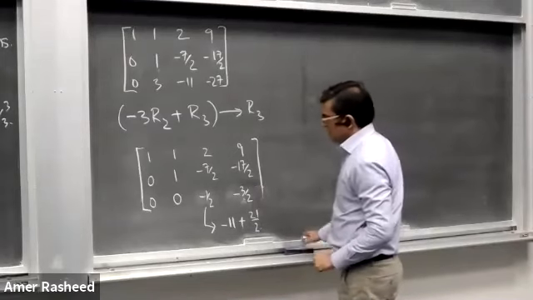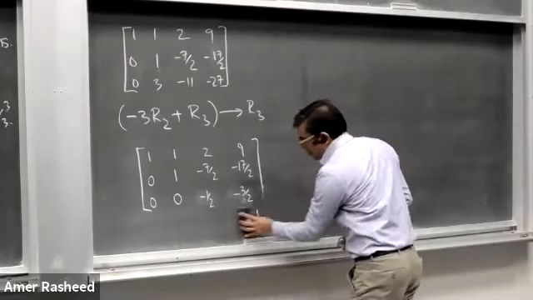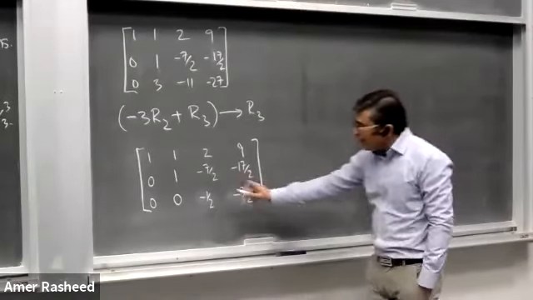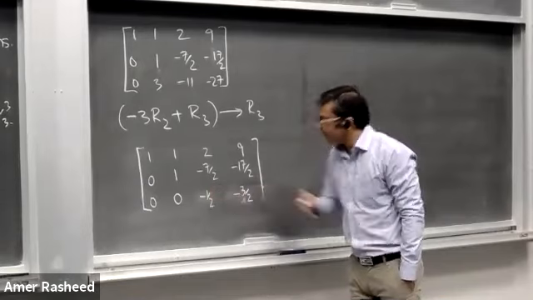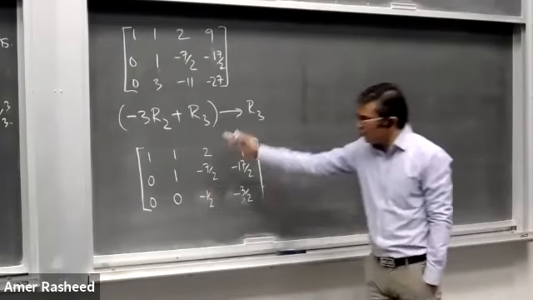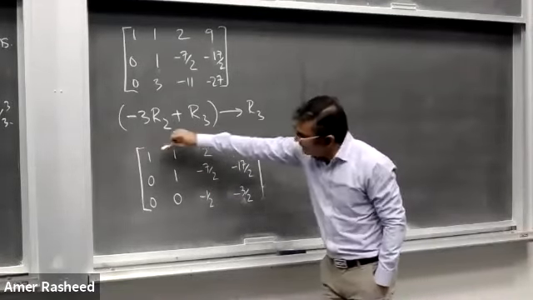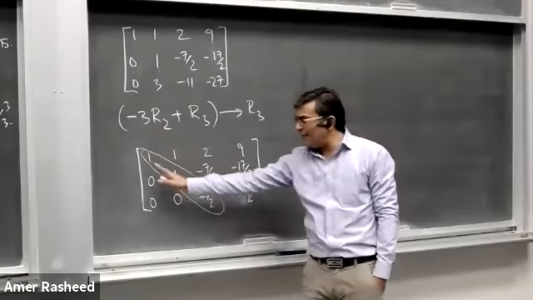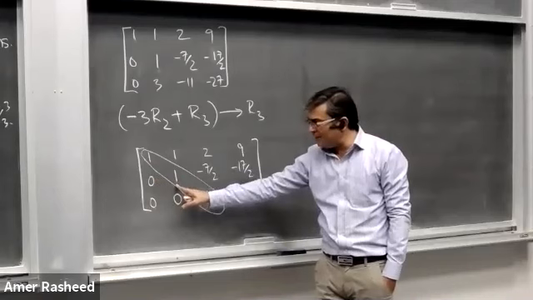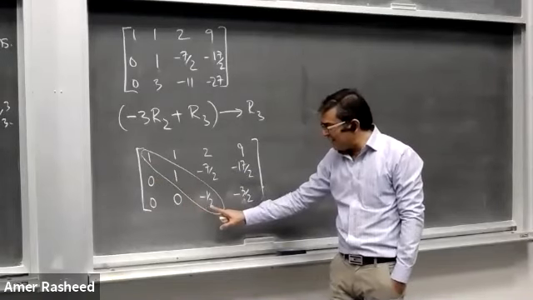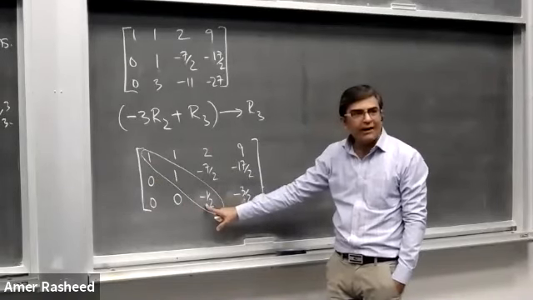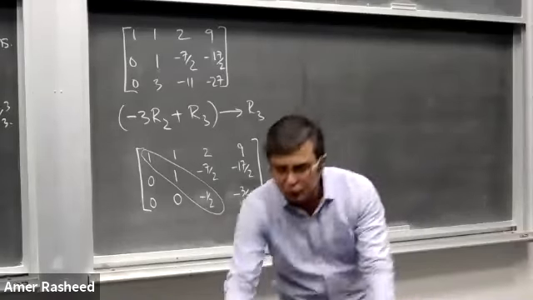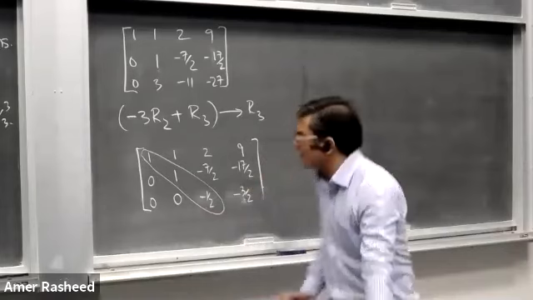Now, next thing, what you do here, in the next step, you try to make this entry 1, the last one, in the third column now. You can see that the ones are basically going into the diagonal. पहले हमने यहाँ पे 1 बनाया, 0 बनाया, फिर हमने यहाँ पे 1 बनाया, फिर 0. फिर हम कहाँ जाएंगे? नेक्स्ट कॉलम में, यहाँ पे 1 बनाएंगे, उसके नीचे 0. नीचे 0 नहीं है, तो we don't need to go further. We just make it 1.